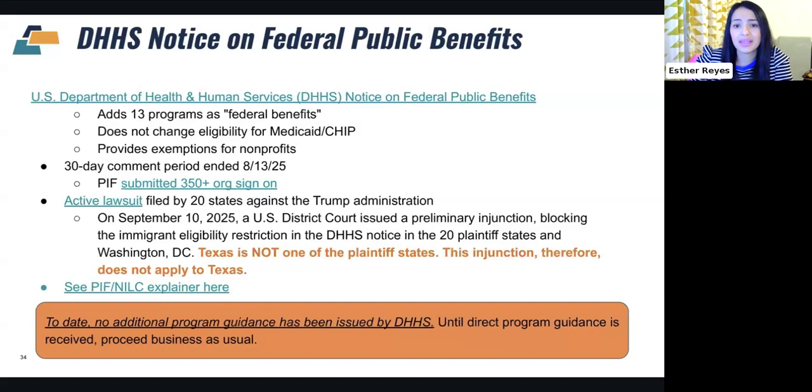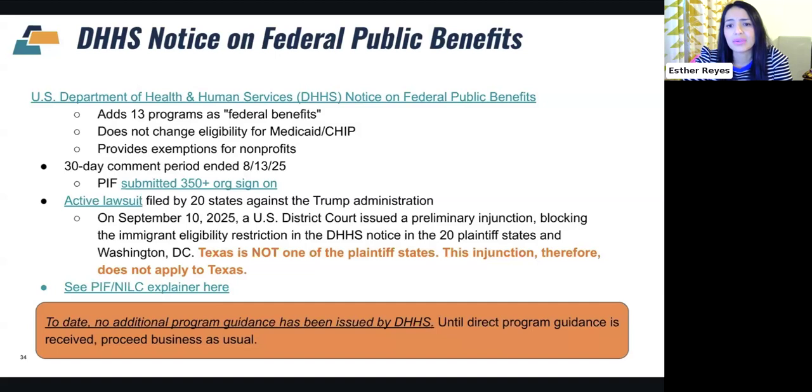Now, the important thing here is, as you'll see on the screen, there was an active lawsuit filed by 20 states against the Trump administration. Texas was not one of the plaintiffs in that lawsuit.